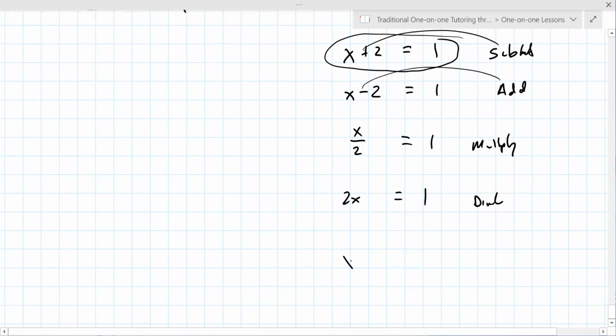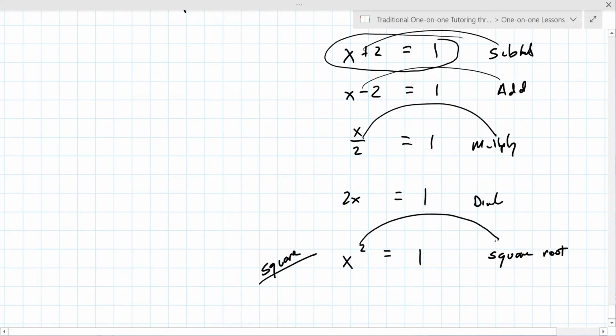Now, last one here. How do you undo a square? I guess you have to square it, right? Square root. This is a square. You undo it with a square root. If you're dividing, you undo it with multiplication. If you're squaring, you undo it with square roots. It's the same idea. If you're multiplying, you undo it with division.